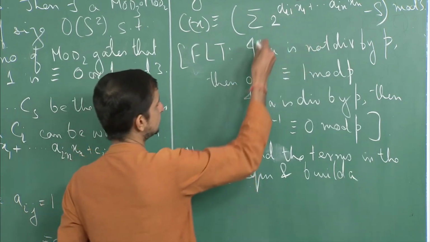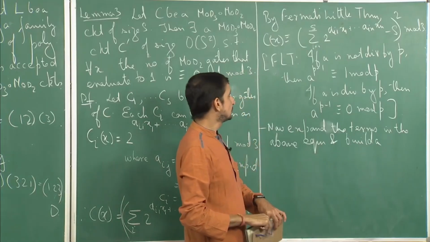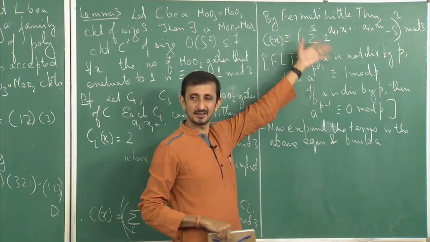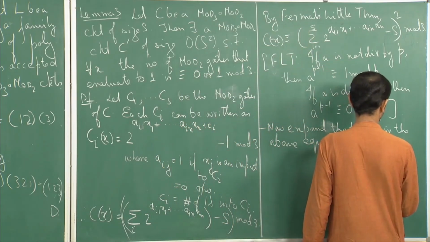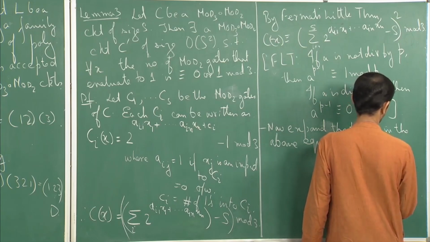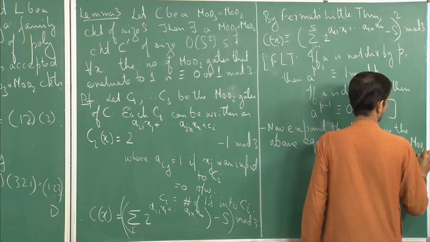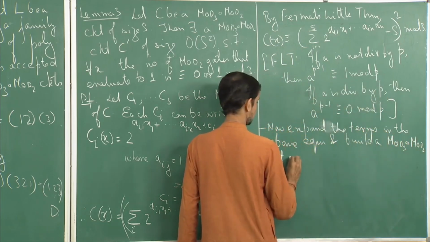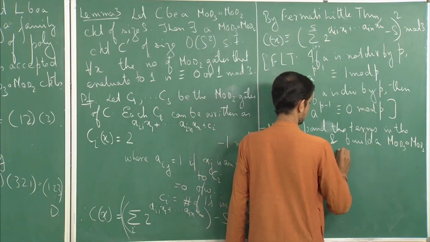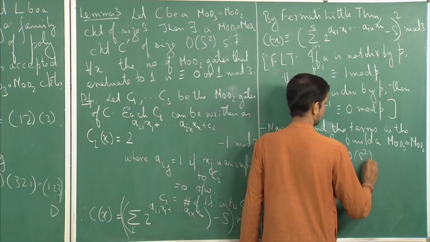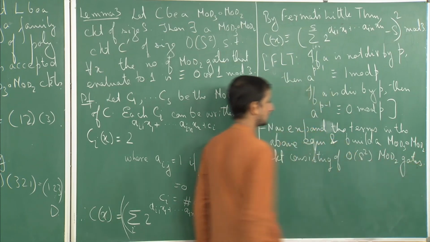And because this is sum over s, so I going from 1 up to s, I get order s square many terms over here, and I just build a mod 3 mod 2 circuit consisting of order s square mod 2 gates.